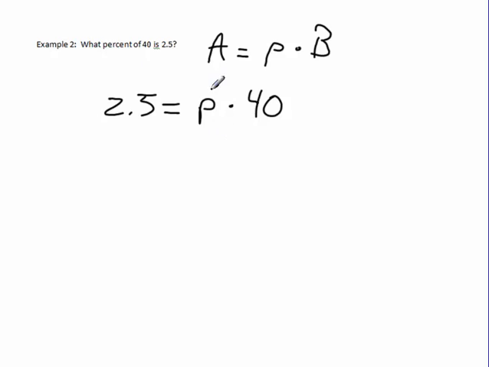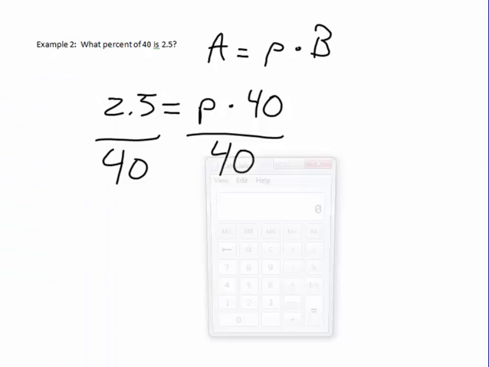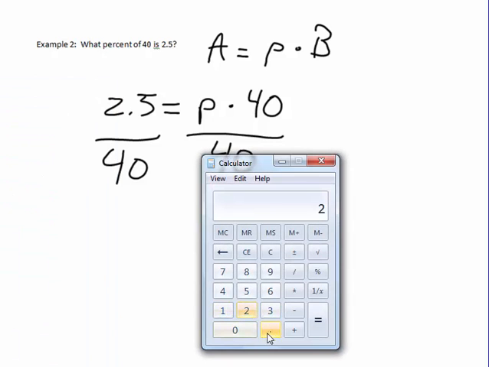To solve for p, I can divide by 40. 2.5 divided by 40 gives us 0.0625.